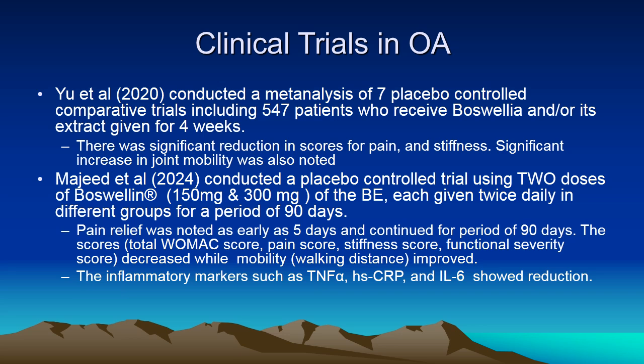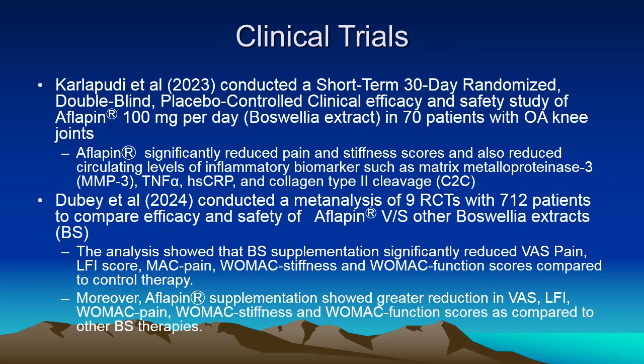Majid et al. conducted a placebo-controlled trial using 2 doses of 150 mg extract, Boswellia actually patented 300 mg, and given for 3 months. There was a marked pain relief, early pain relief as early as 5 days, and that continued for the period of observation, that is 90 days. It also reduced inflammatory markers.